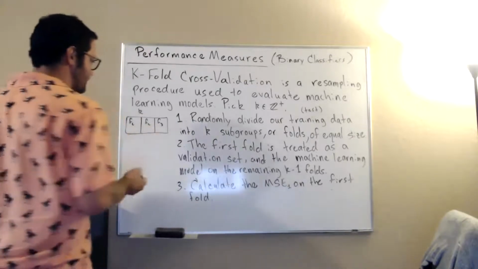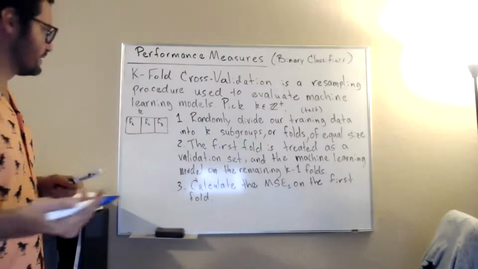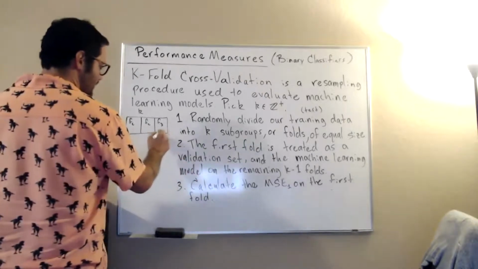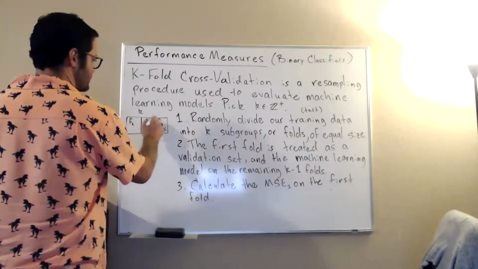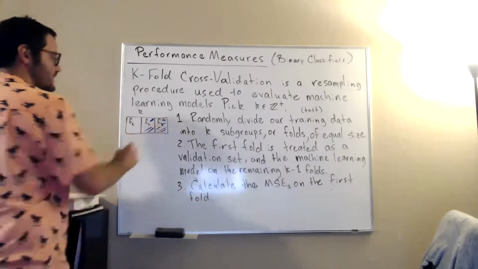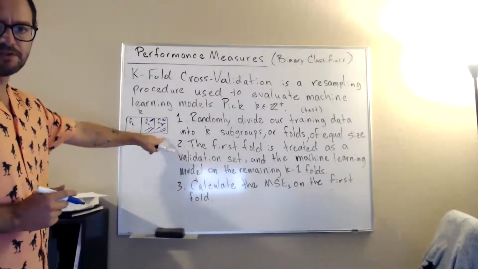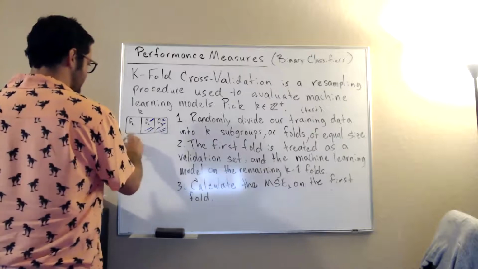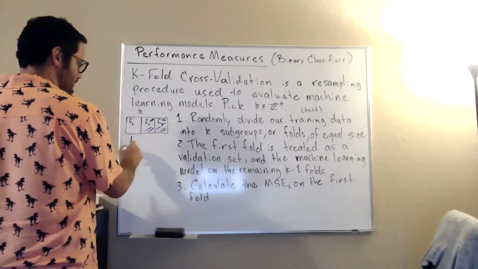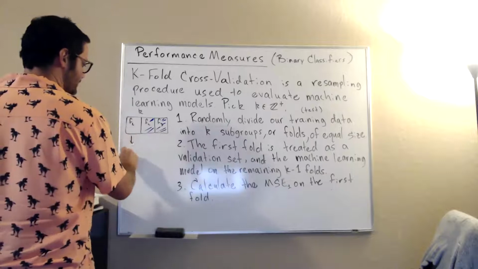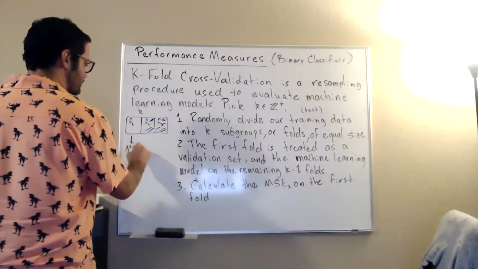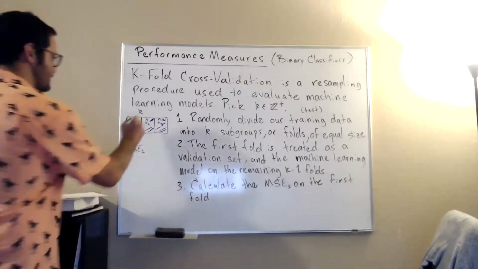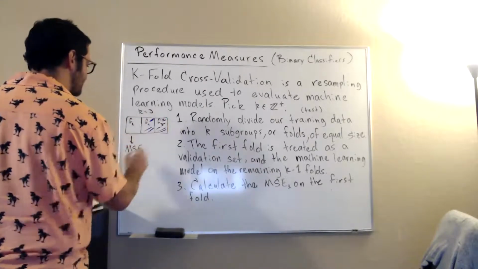Suppose we were updating the weights for like the perceptron or something like this. Then we would update the weights here. We would use that sub data set there to train our model. And then we would evaluate the model that we've trained on the first fold, and we would call that the mean squared error of 1. Okay? So this is k equal to 3.